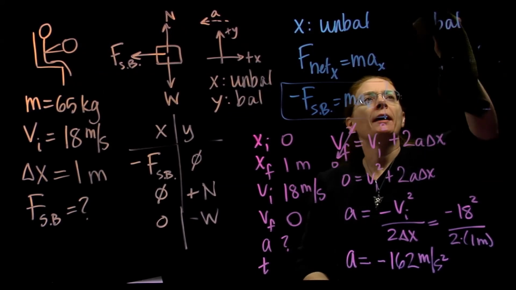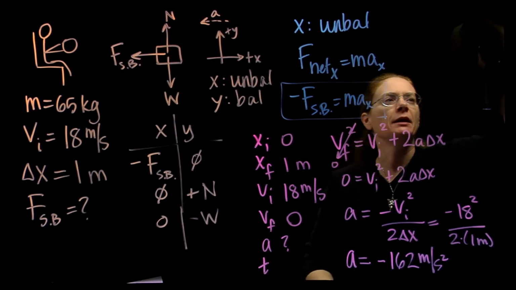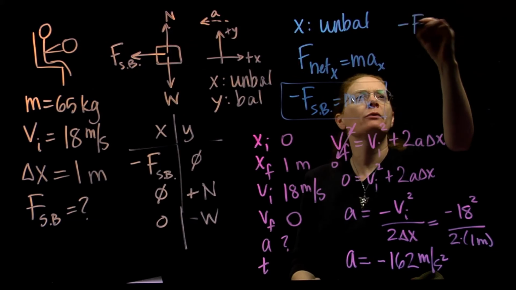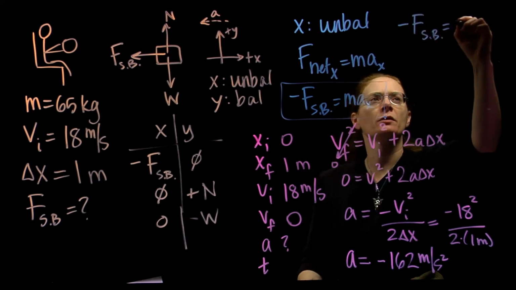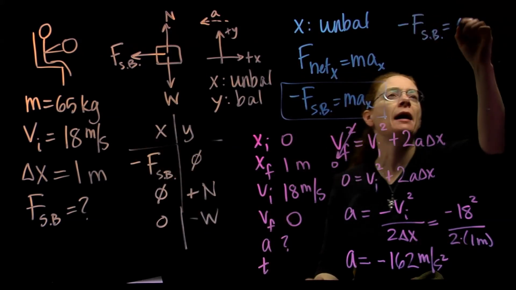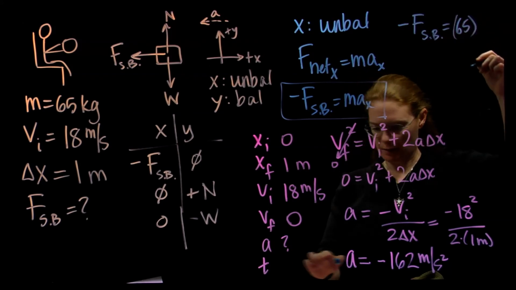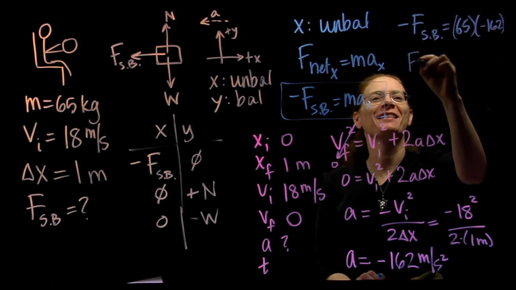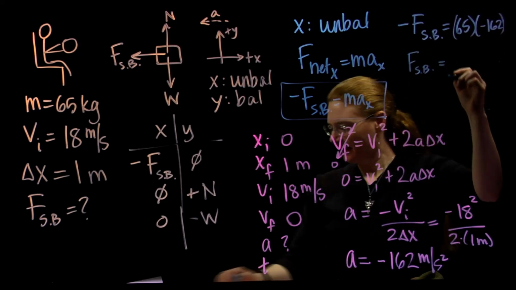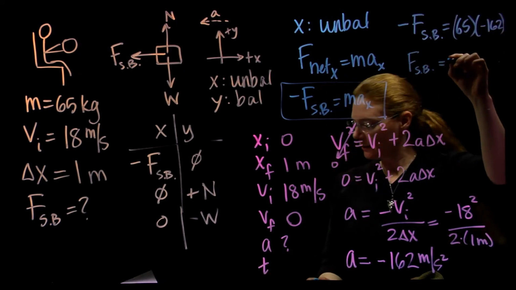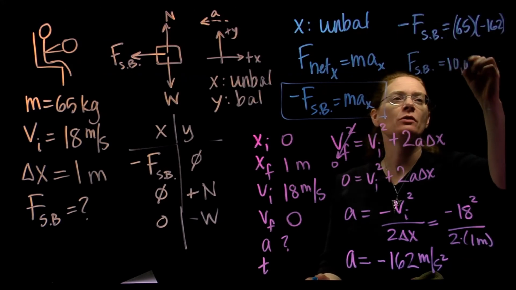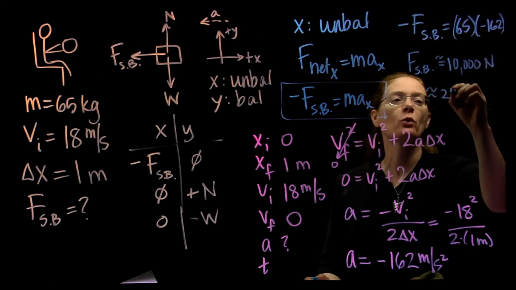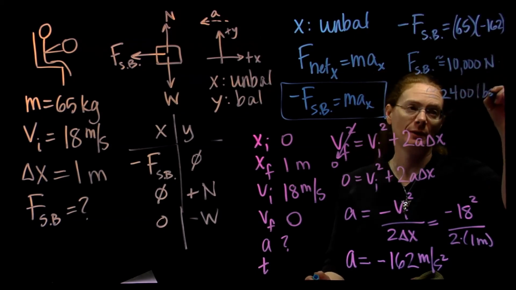Figure out what my force of the seatbelt on me is. Force of the seatbelt, so negative F_SB equals the mass, which was 65, times acceleration, negative 162. Running out of space. If I do the math there, it's about 10,000 newtons, which is around 2,400 pounds.